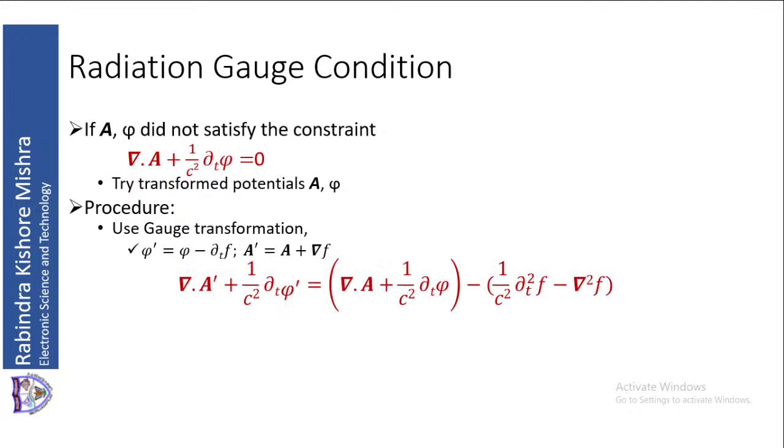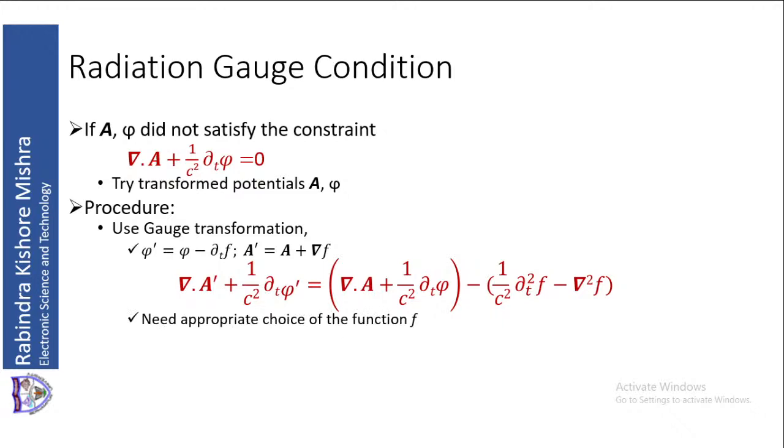If you use this gauge transformation in the condition, divergence of A plus 1 by c square dot t phi, then for A we will now use A dash, and for phi we will use phi dash. That gives us divergence of A dash plus 1 upon c square dot t phi dash, which is equal to, for A dash using A plus grad f, and for phi dash using phi minus dot t f. Using that we get the two terms on the right hand side.